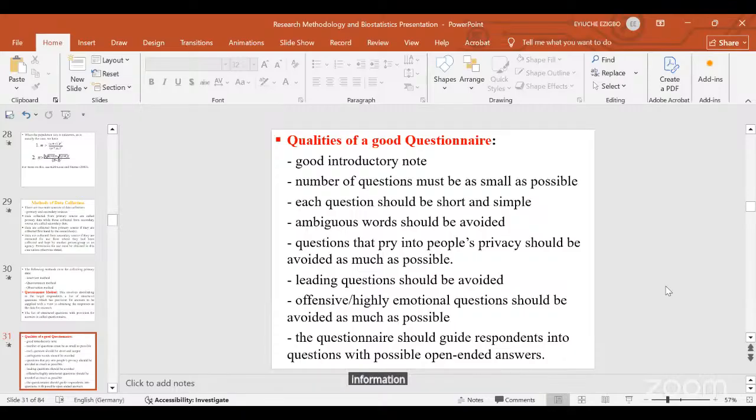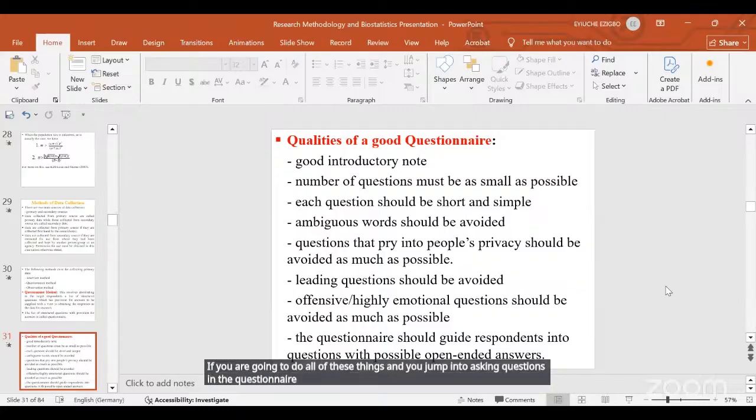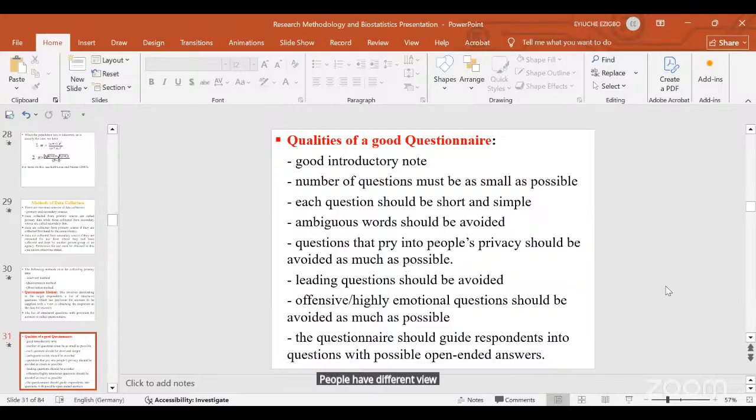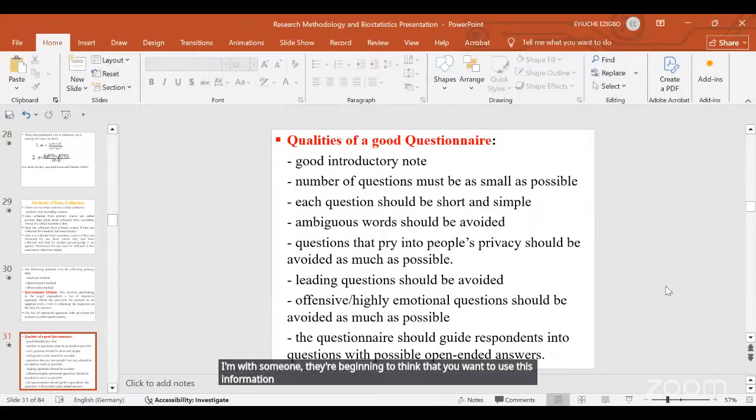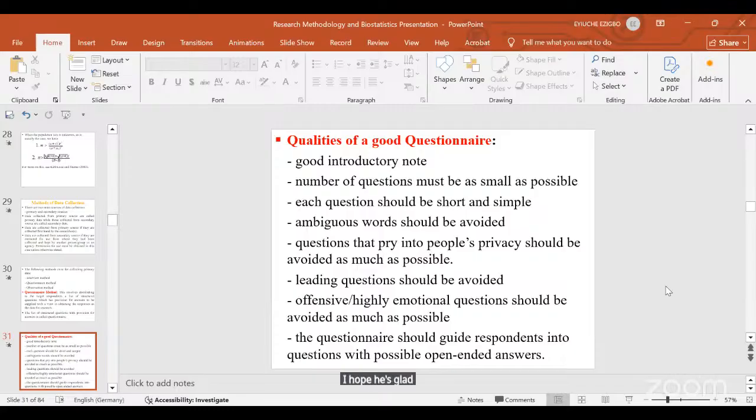If you don't do all of these things and you jump into asking questions, people have different views, and someone may begin to think that you want to use this information for something else. And someone will begin to say, maybe you want to know something about me. I hope it's clear. So every good questionnaire begins with an introductory note.